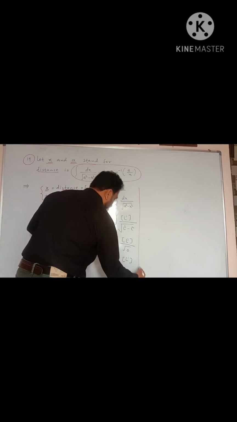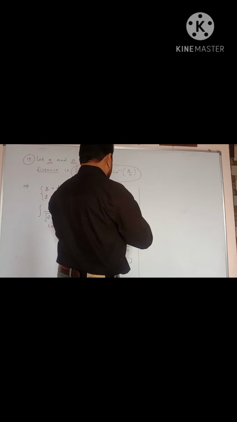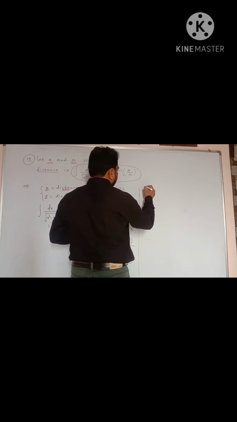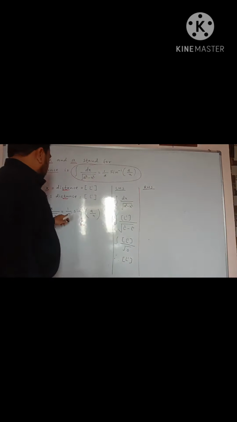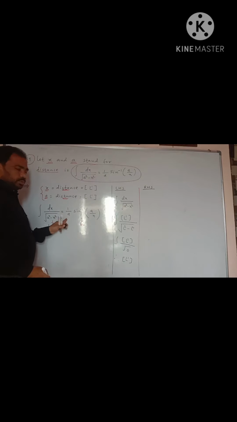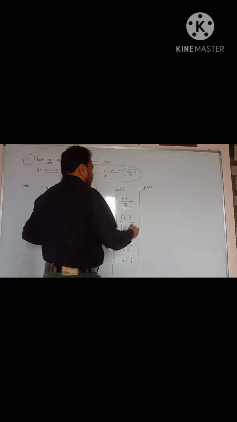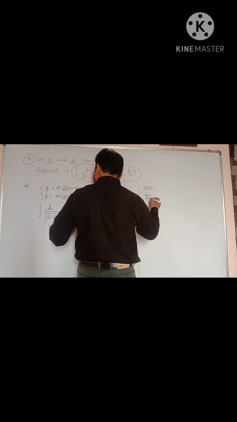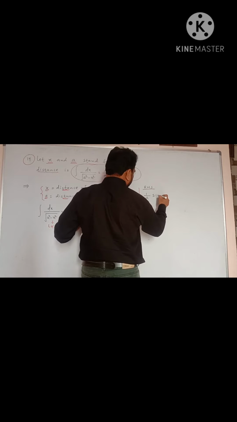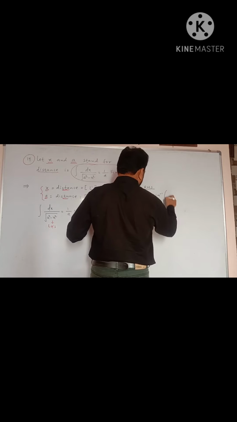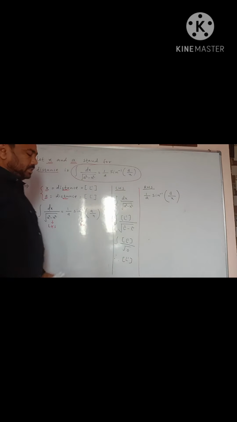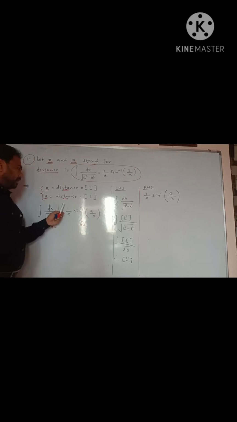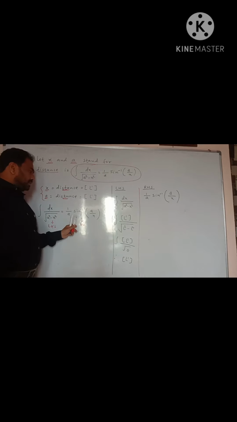Start with the right hand side. What is our right hand side? It is 1 by a sine inverse of a by x.